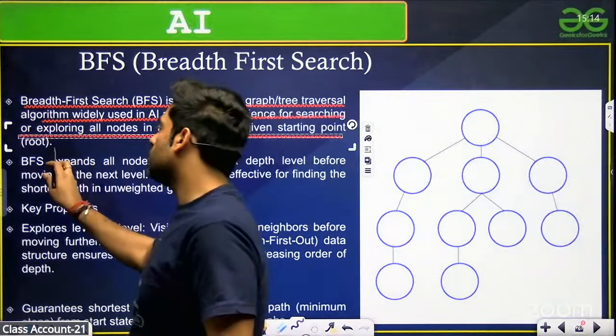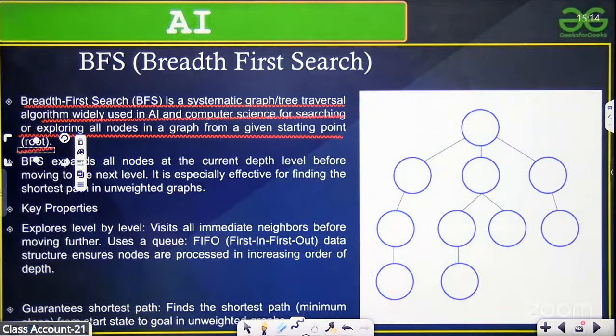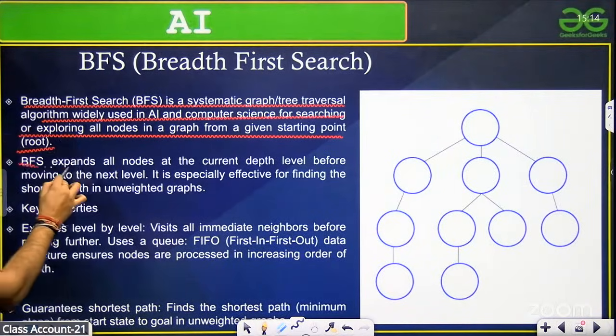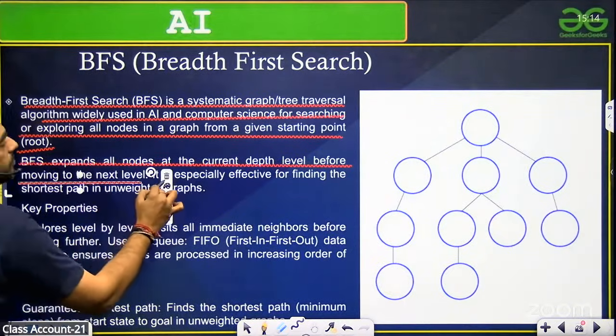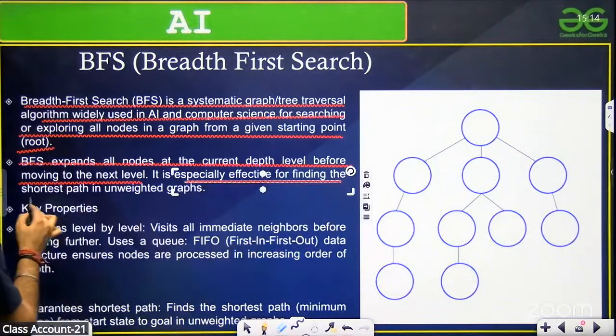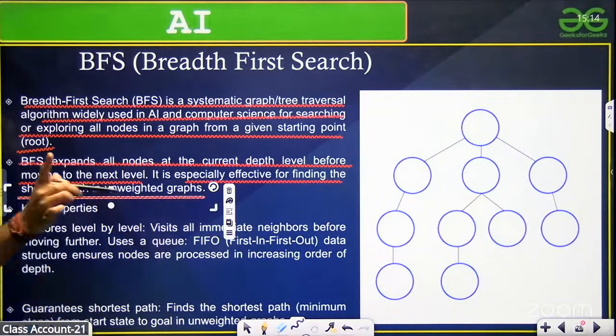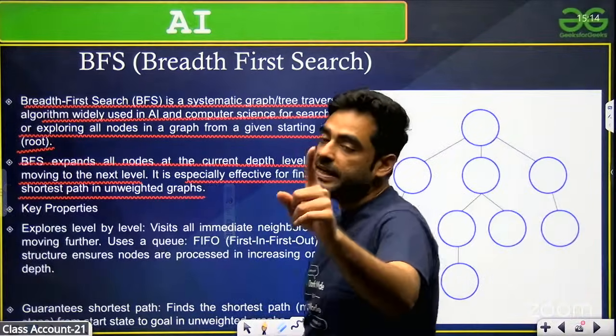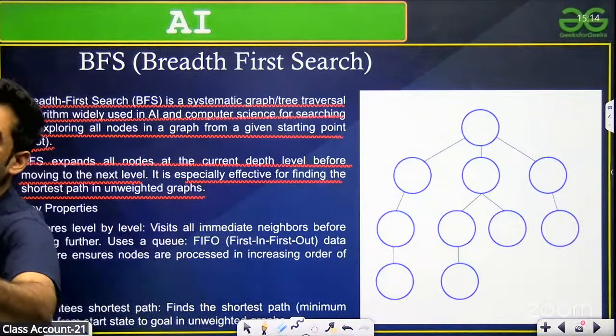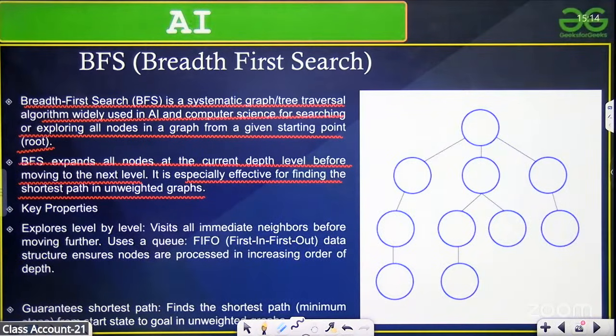That is known as root node. Okay. So it explores all nodes at a current depth level before moving to the next level. It is especially effective for finding the shortest path in unweighted graphs. Okay, in an unweighted graph, I have not put weights on the graph.